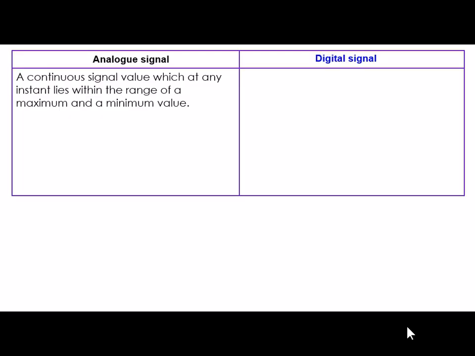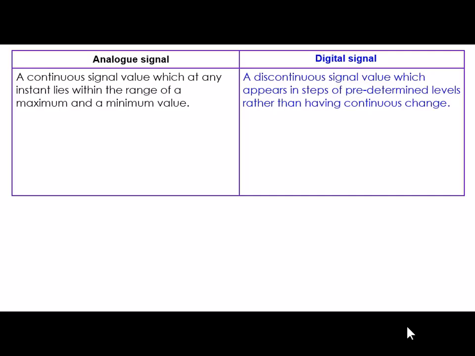That means the analog signal varies continuously, but it will lie within a maximum and minimum value. On the other hand, a digital signal is a discontinuous signal which appears in steps of predetermined levels rather than having continuous change.